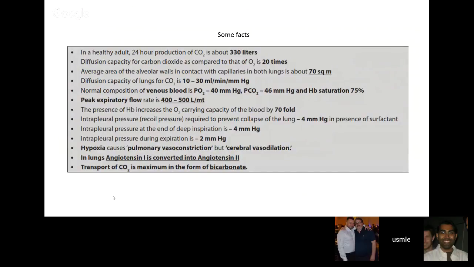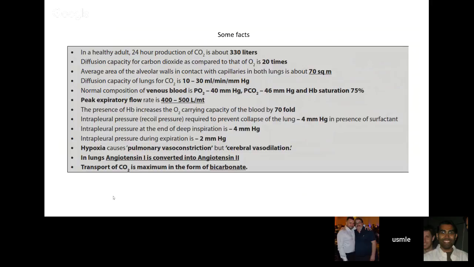So, for example, in a healthy adult the 24-hour production of CO2 is going to be around 330 liters. Why is this fact important? Just imagine that someone is in a cave, or in an area where there's not much oxygen, and you need to know how fast these people cannot breathe oxygen anymore.